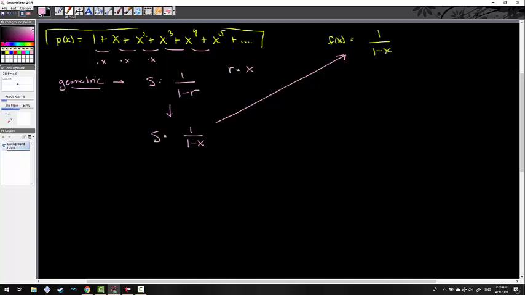Now, this geometric series will only converge under a certain condition, and that would have to be that the absolute value of r is less than 1. In the case of this one, the absolute value of x would have to be less than 1 for s to converge. Now, what is the meaning of this? At this point, we don't really need to be concerned about it, but let me show you what this means.